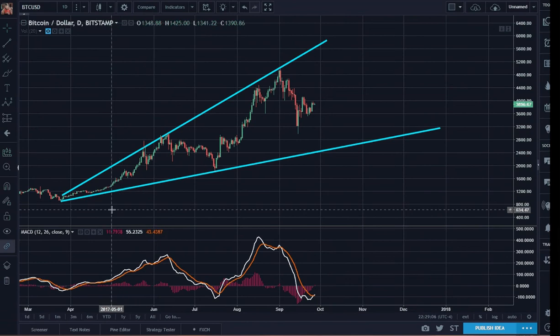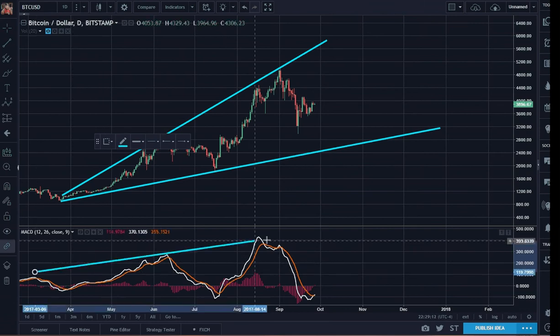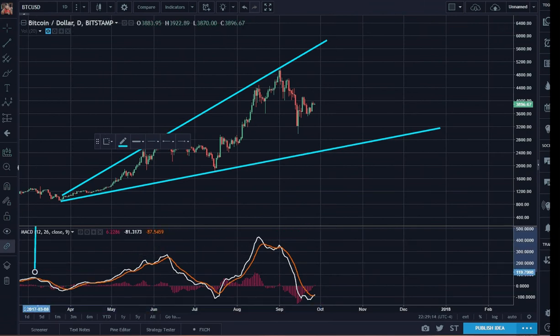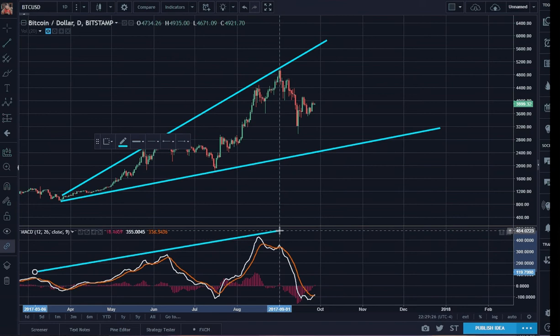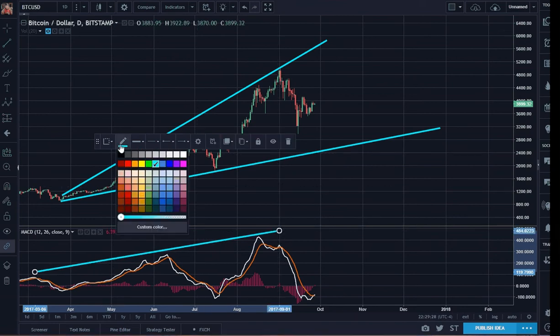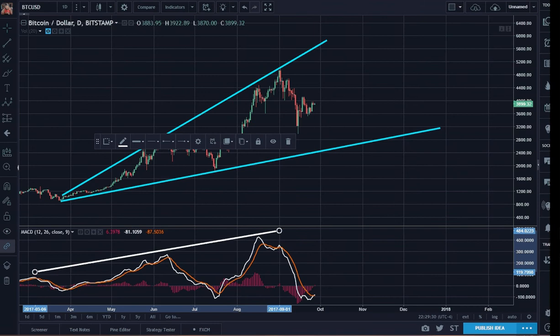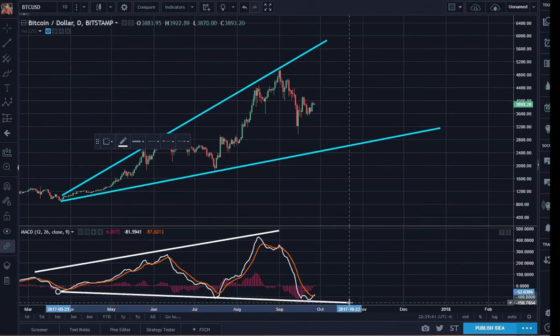And not surprisingly, we have the same broadening pattern for the MACD indicator as well. And I don't think that's a coincidence.